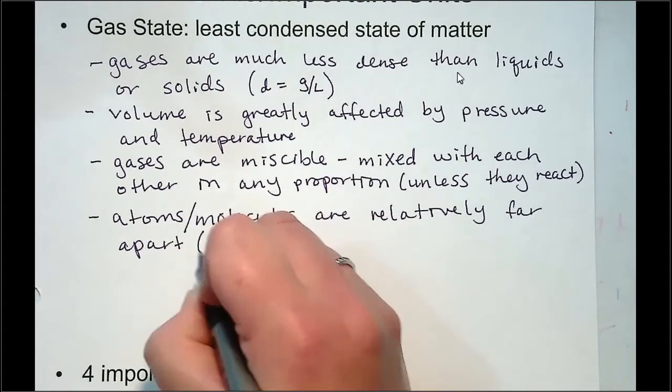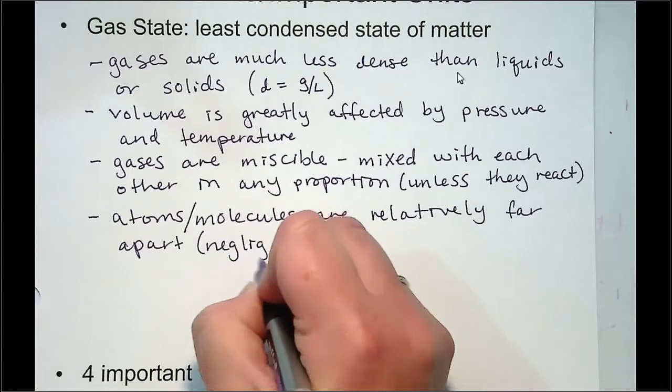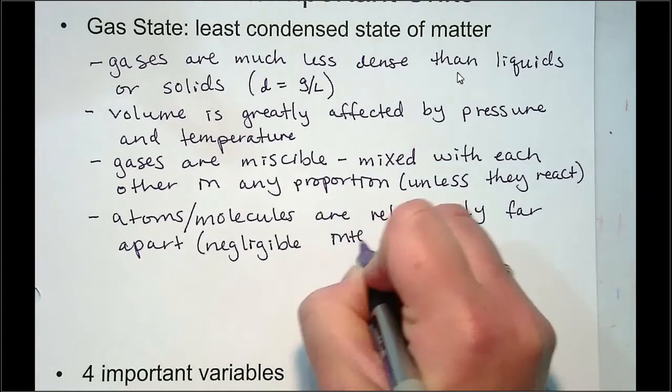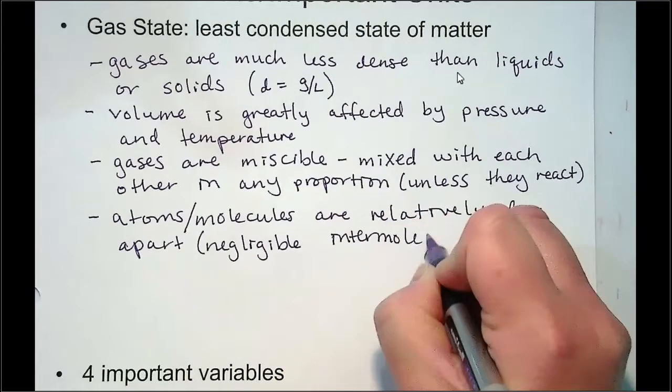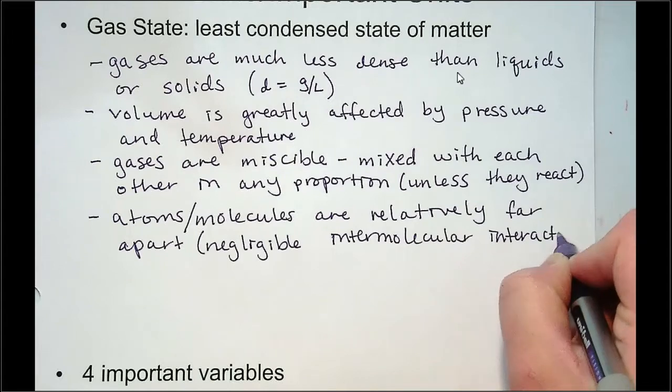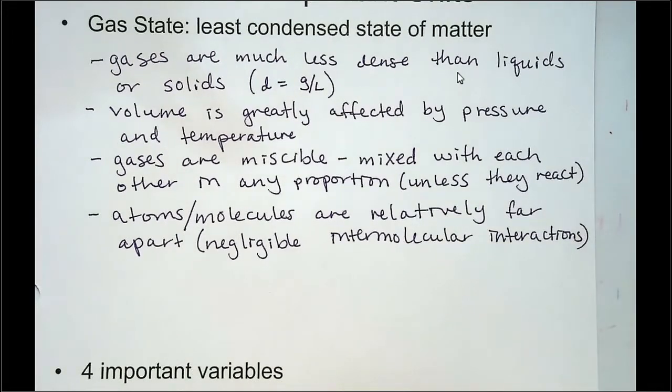So we say they have negligible or very small intermolecular interactions. That's just a fancy bunch of words for saying they don't really interact with each other. Or we can assume for the most part that they don't interact with each other because they're far enough apart.